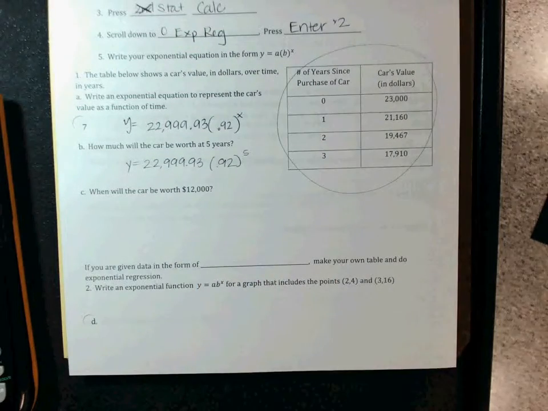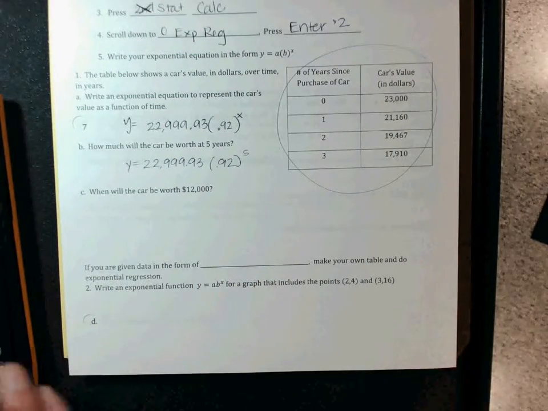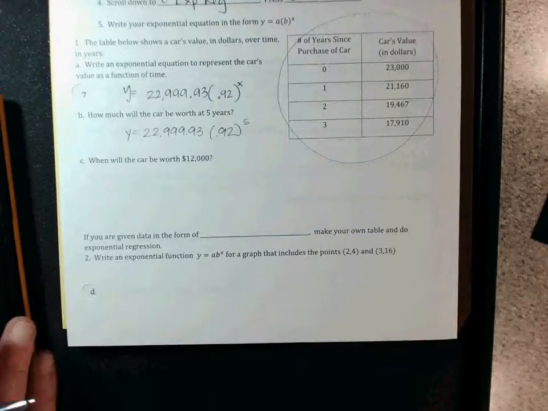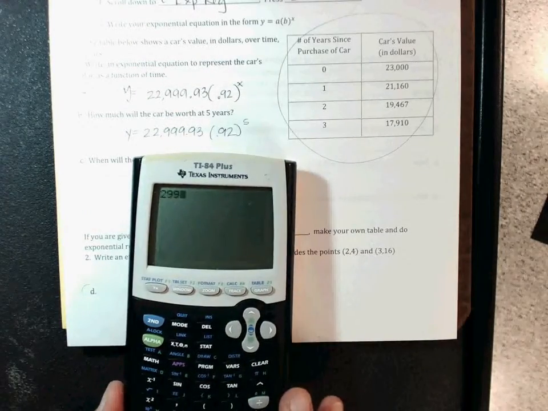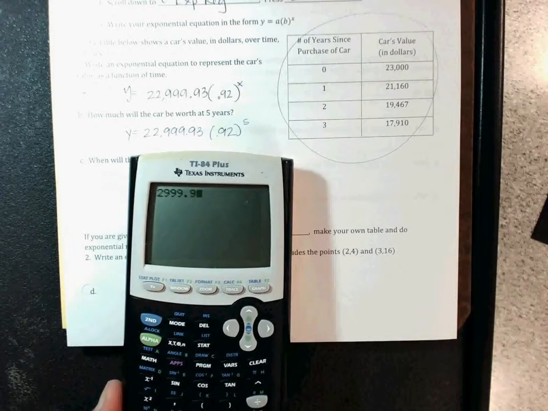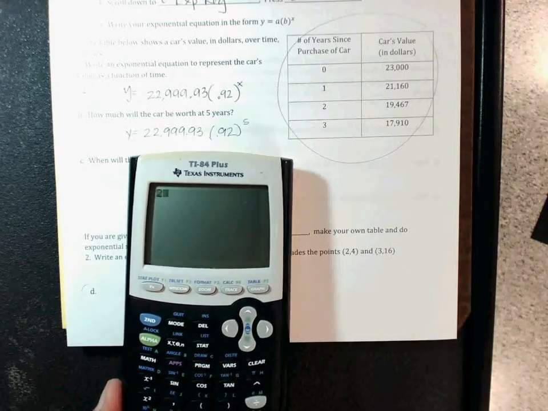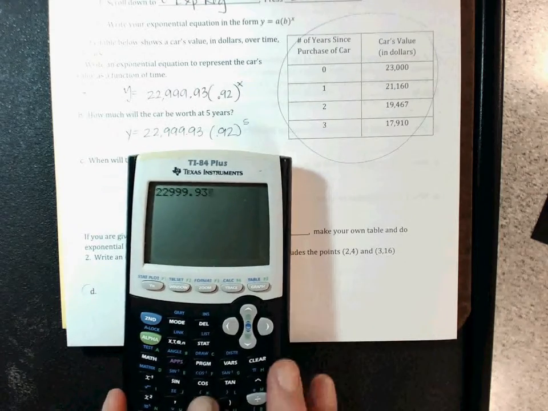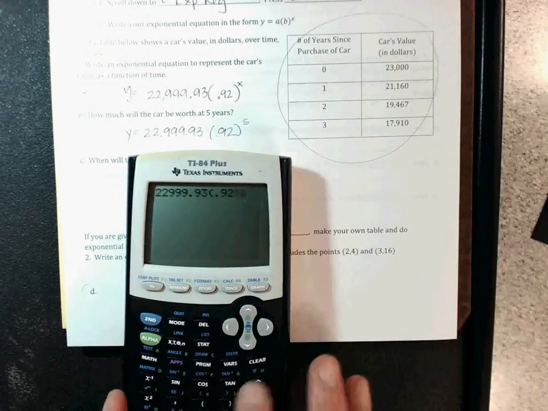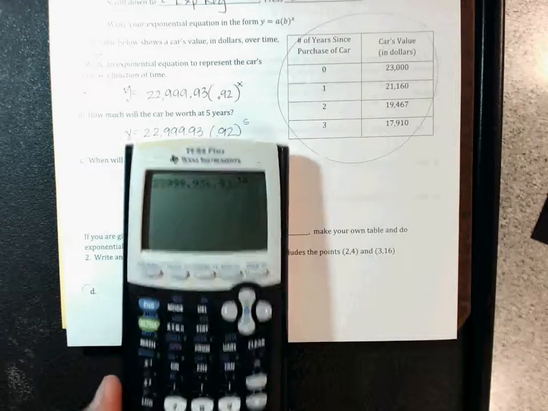And then I would type that in, see what I get. Now, I would not spend time going into the y equals and typing it in. You could do that, but if the time that you're plugging in isn't a decimal, or is a decimal, then that's not going to work anyway. So I would just type it in just like that in your calculator.